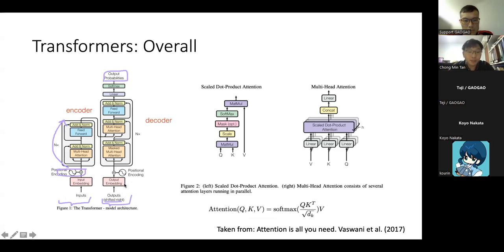The output embedding might look a bit confusing, so let me give you an example. Let's say the input is "I want" and you want to predict the next words, like "I want to".